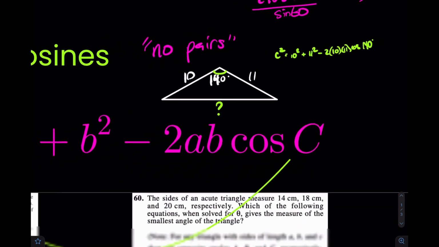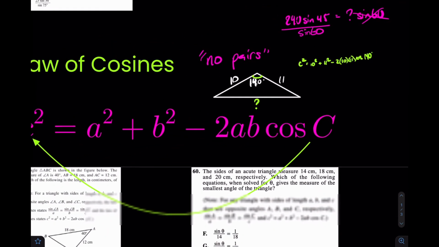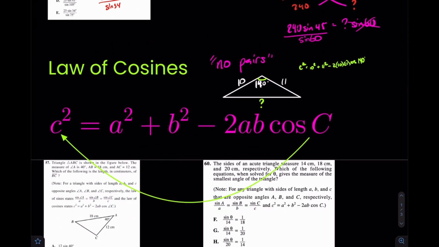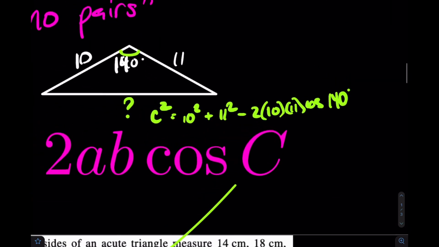I'll zoom out a second so you can see the whole formula matched up with that. And at the end of the day, you're going to have to do some calculations, and really the final step would be, of course, getting rid of this square. How do you get rid of a square? You're just going to square root the other side.